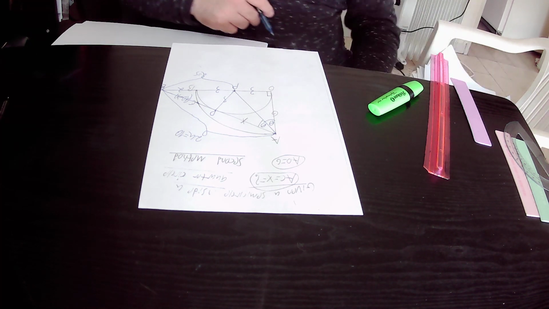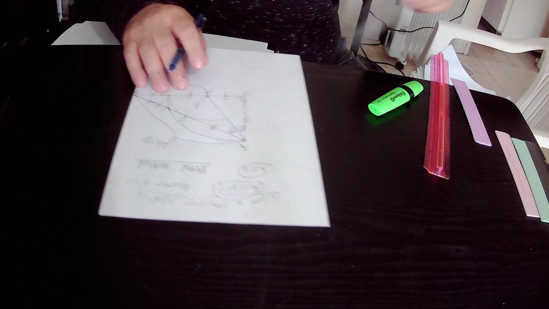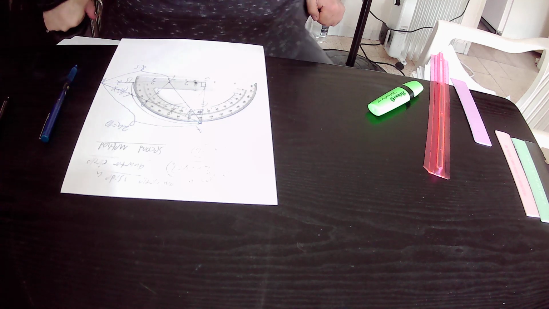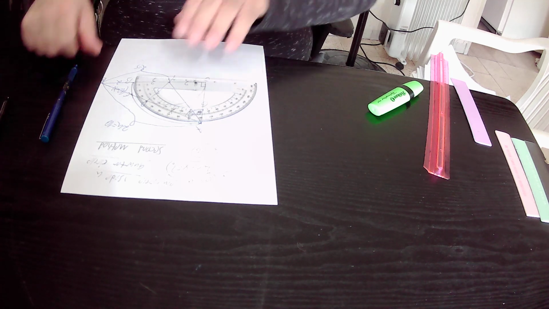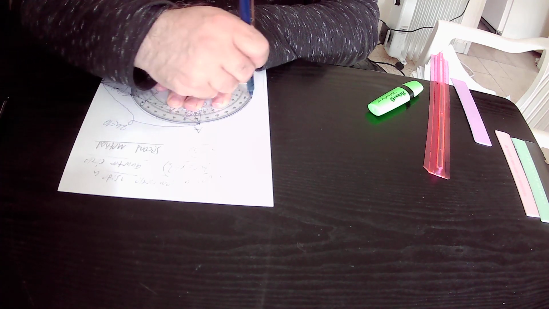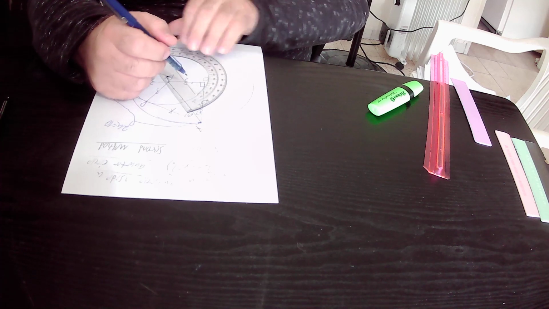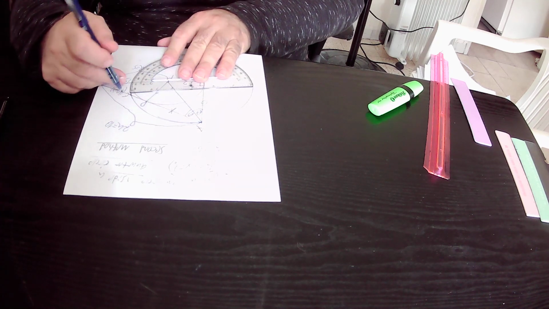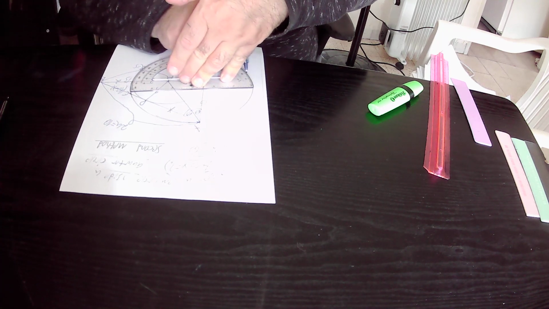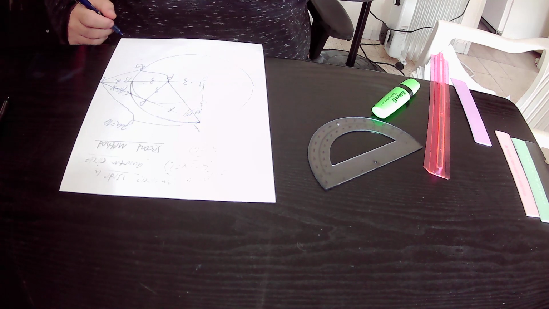In the next step, we will complete the quarter circle to a circle. So we completed the quarter circle to a circle.